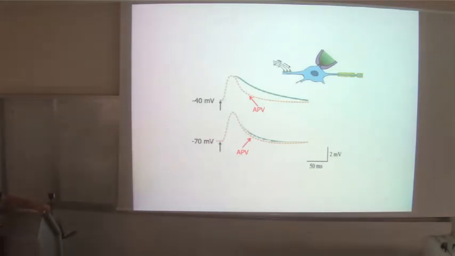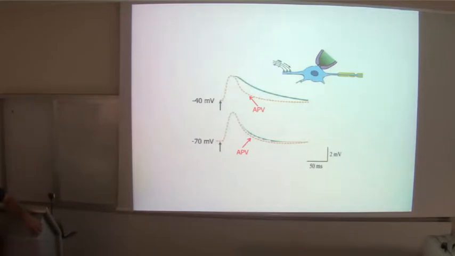And then if we activate the synapse, we get an EPSP, and if we add AP5, basically nothing happens. Okay, it doesn't happen because at -70 the NMDA receptors are blocked by magnesium, and then if you block the NMDA receptor on top of that with AP5, nothing will happen.